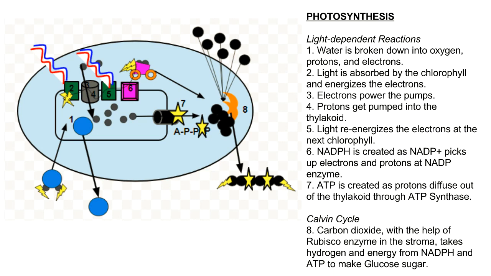And again, this looks super complicated, and there's lots of things. And again, sometimes when we simplify things, we make them inaccurate, but we're trying to get some big points across as far as how do we get from light energy and water and carbon dioxide ultimately to energy stored in glucose and producing oxygen as a byproduct as well.